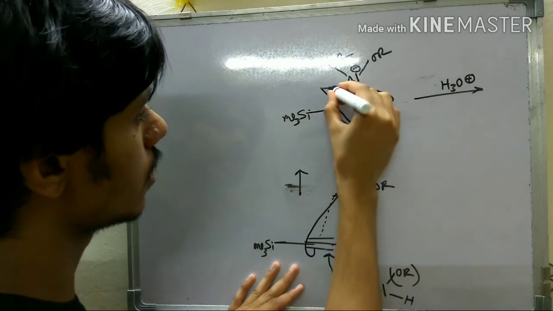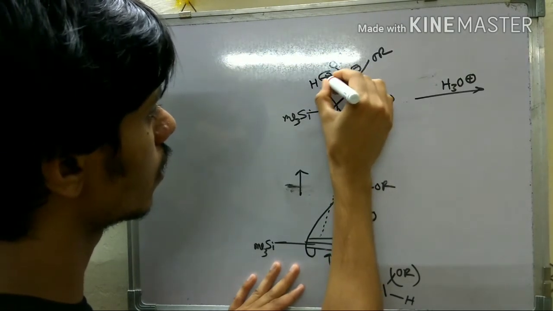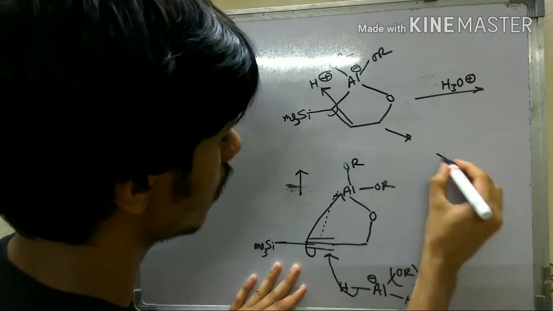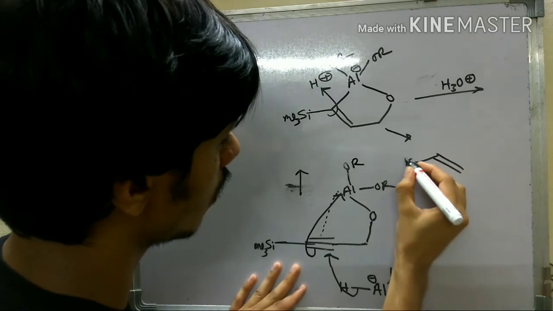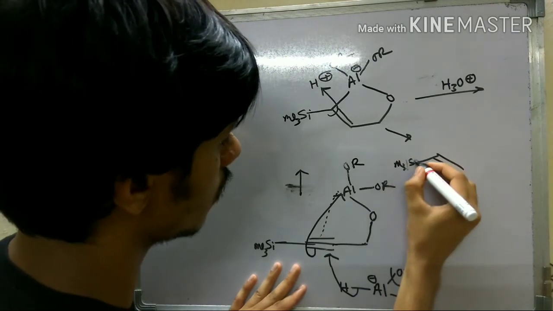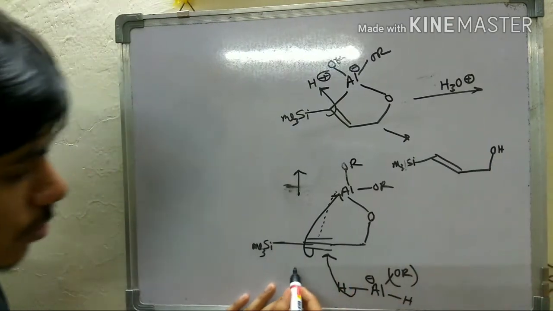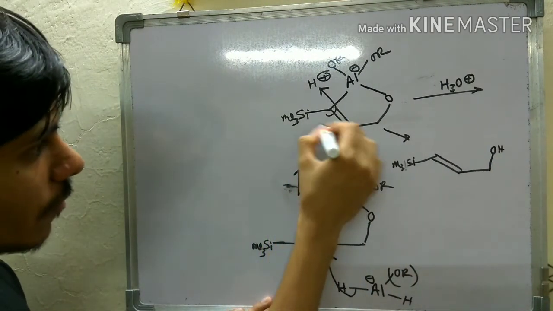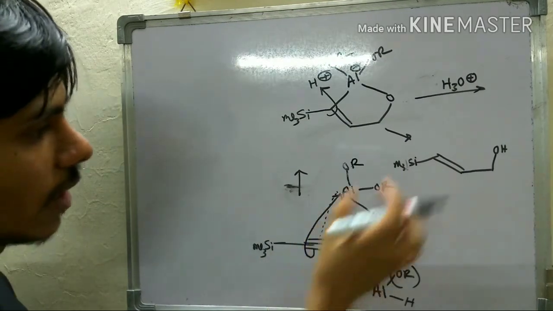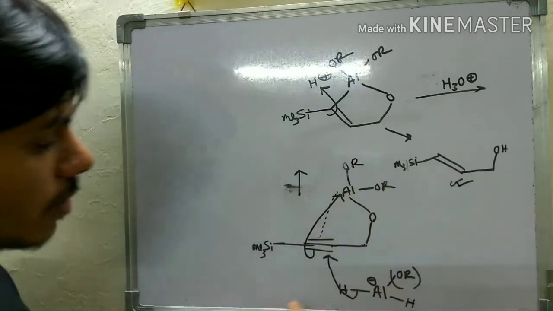So in this case you will get protonation here. You can see you will get SiMe3, and here you will have this OH group. Due to the formation of this particular five-membered intermediate, it gives this trans stereochemistry.